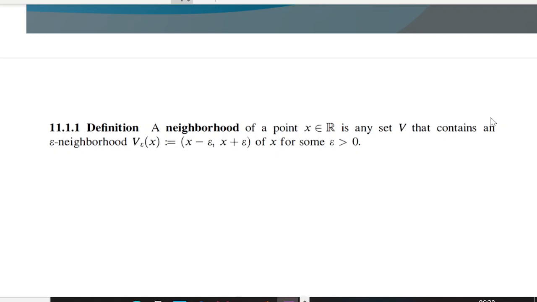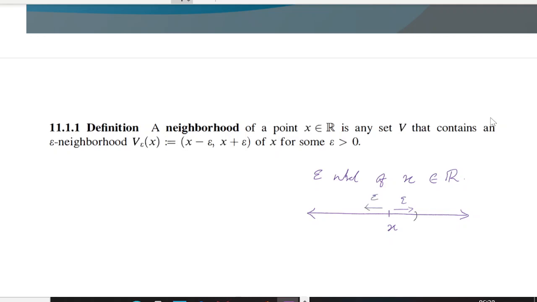So the definition of an epsilon neighborhood of a point x, where x belongs to the set of real numbers. That means in your set of real numbers, you can mark your x. Now, from this x, you take epsilon distance to this side and epsilon distance to this side too.